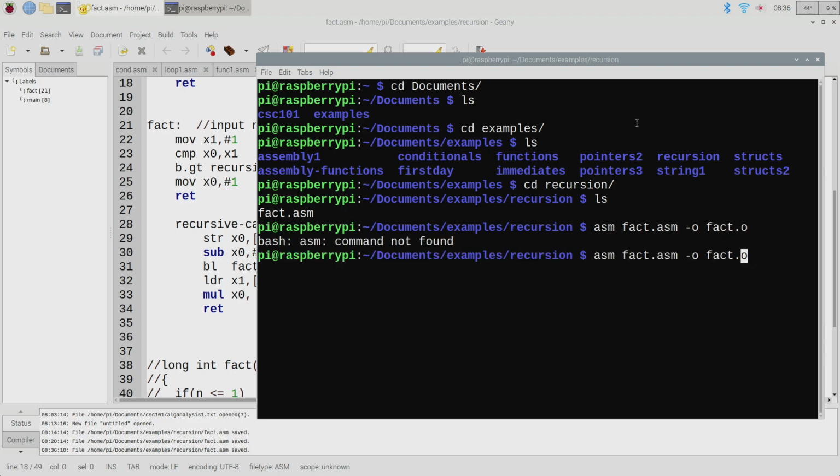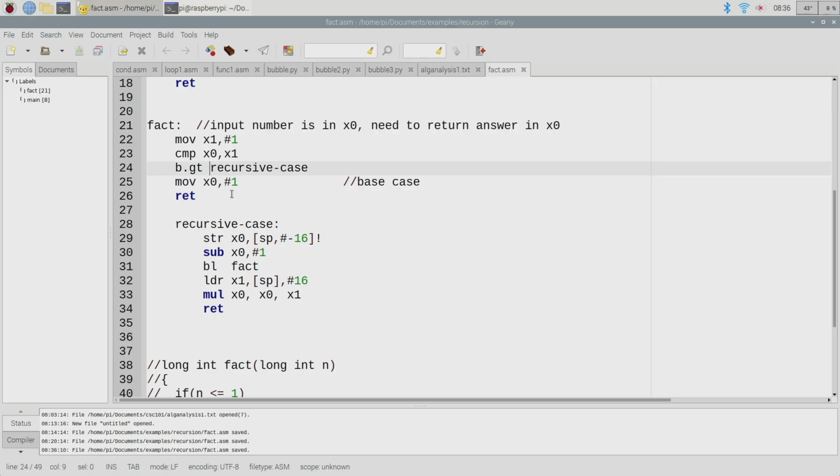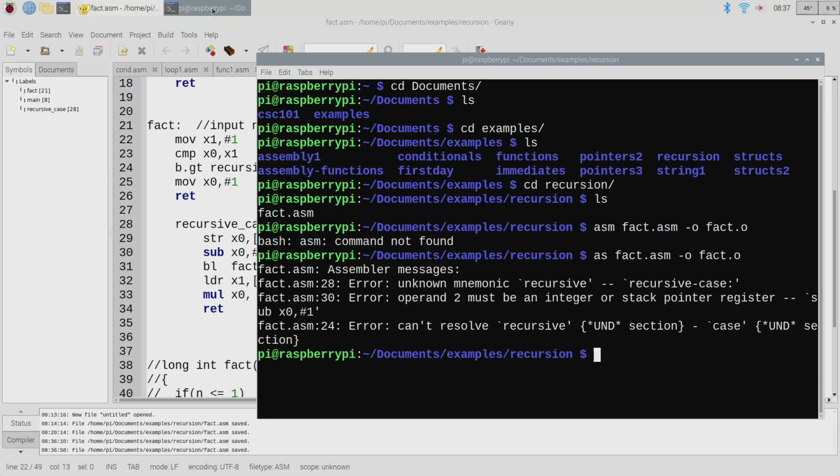Oops. Duh. Oh, yeah, okay. It doesn't like the minus. The dash.